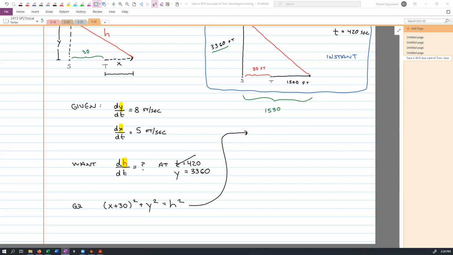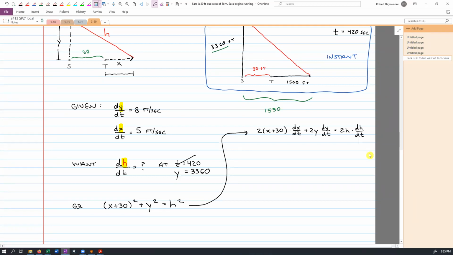I'm going to write the derivative down while y'all are still doing it. Careful with that chain rule on the x plus 30.